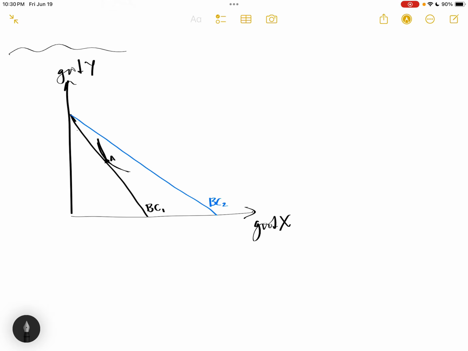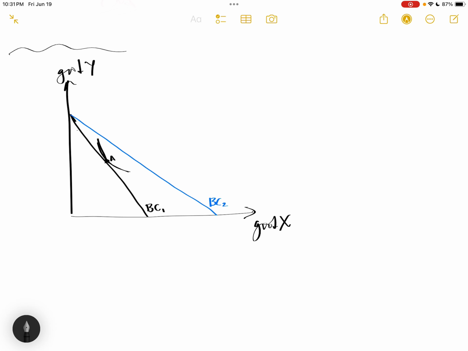When there is a price decrease, there is a rotation outward in the budget constraint such that we get a new budget constraint, BC2. So we see a rotation outward because only the price of good X fell. From the drawing, that should be obvious that there's a rotation from BC1 to BC2 because the price of good X fell.